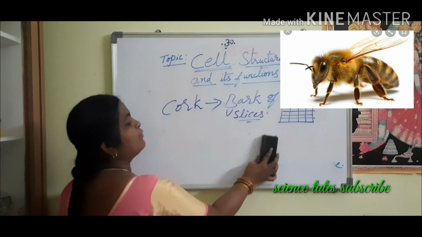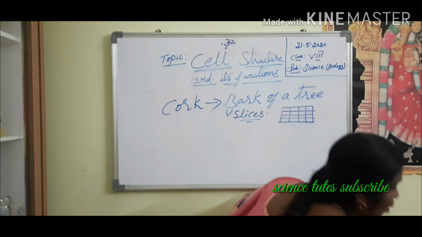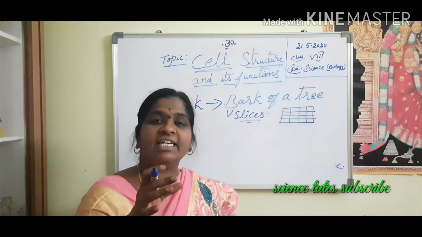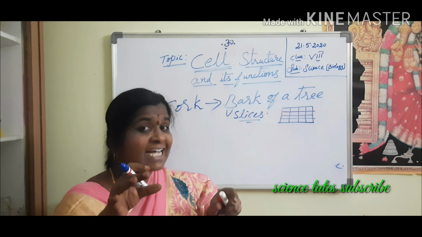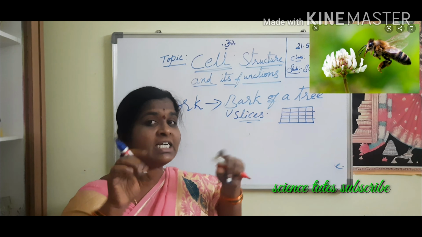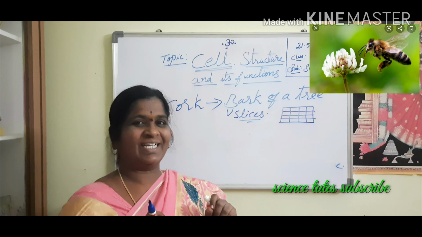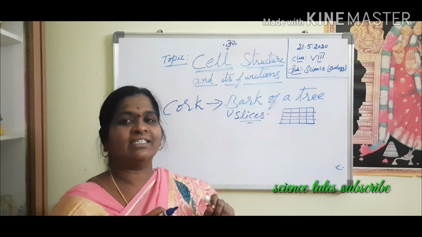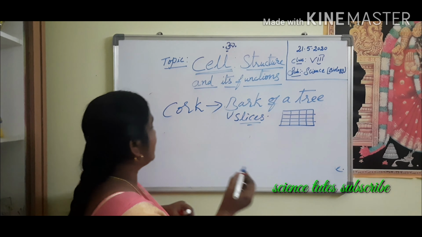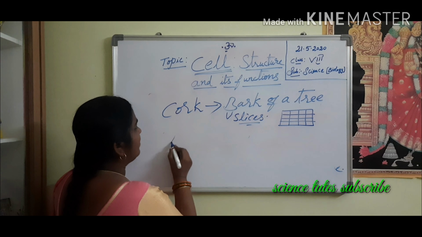Understood? So he compared it with another thing, that is, you know, children, honeybees. What is the honeybees' shelter name? Tell me. Honeycomb. What does the honeybee do? It sucks nectar from different flowers and fruits. The juices it stores in its shelter. So the shelter is nothing but the honeycomb.